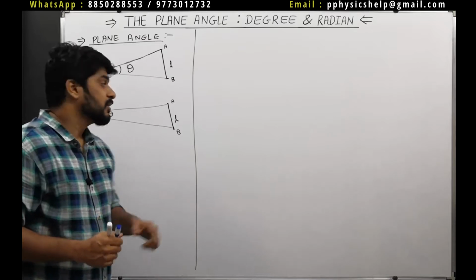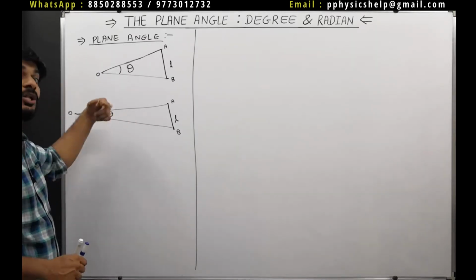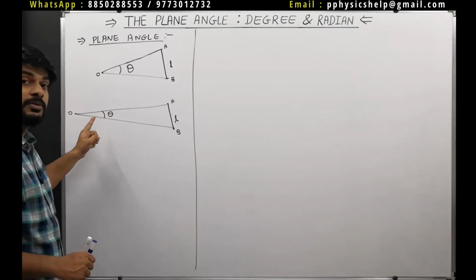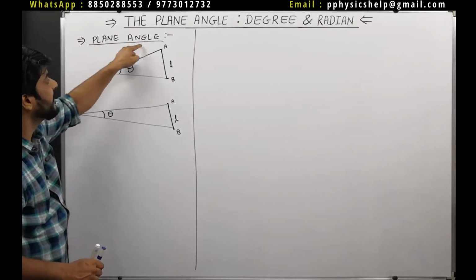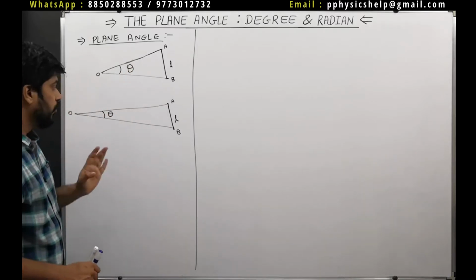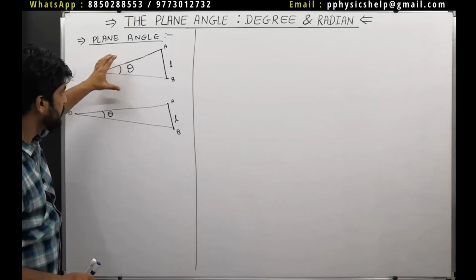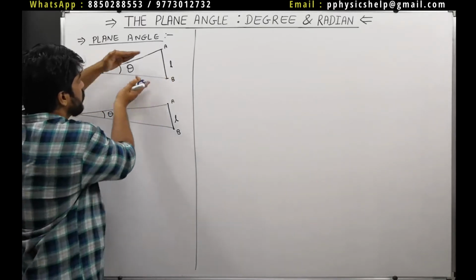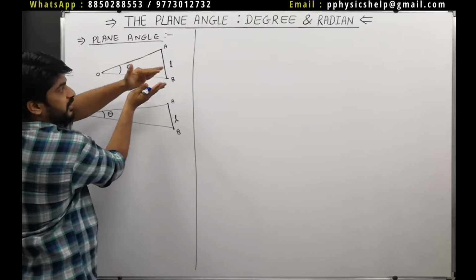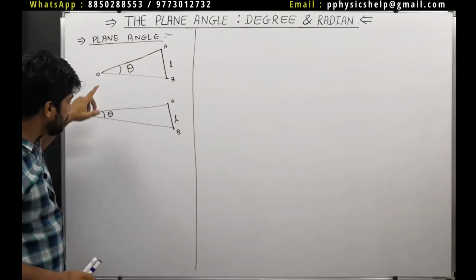So this angle is also a plane angle. You can see that this angle is definitely going to be larger because the point is closer, so it is more open. This angle is going to be larger than the earlier one.